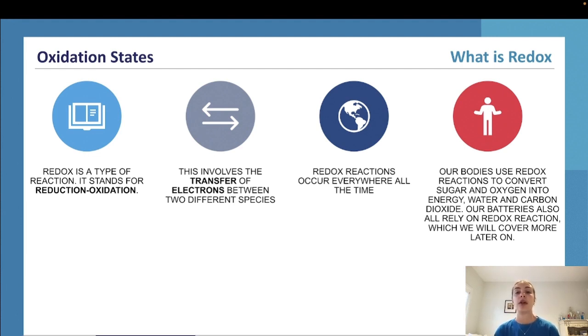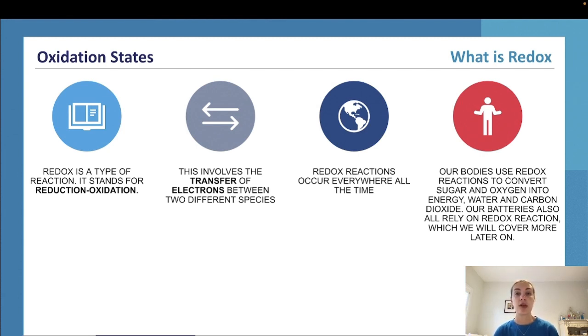They have a supposed charge, and they are transferring electrons between them in order to change that charge. Hence we've got the reduction, which is a gain of electrons, and the oxidation, which is a loss of electrons.